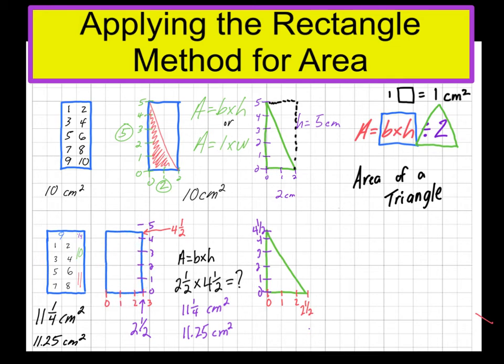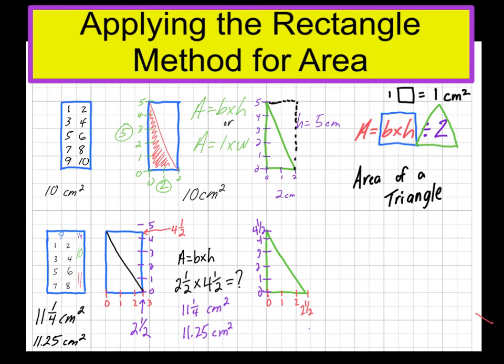Okay, so what I'm able to do is, if I come in and draw this triangle, I attempted to have the same triangle as I have over here in the green. So what you should notice is this triangle and this triangle would be the exact same. This triangle would be half of this rectangle, so I can take this answer, 11.25, and divide it by 2.